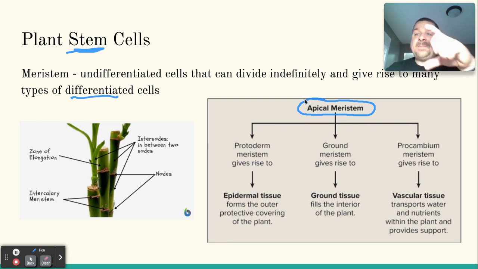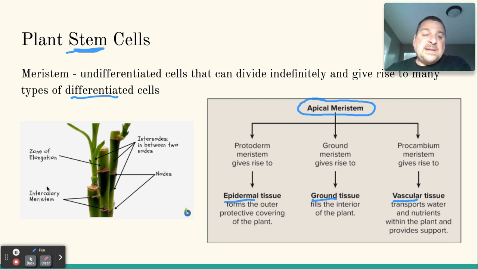Apical tends to be, and we'll look at this in a later video, at the point or tip of either the stem, branches, or the root, where the plant is growing longer. Those cells there will give rise to the 3 tissues we're going to talk about in this video: epidermal or covering tissue, ground or filler tissue, and the vascular tissue that transports water and nutrients.